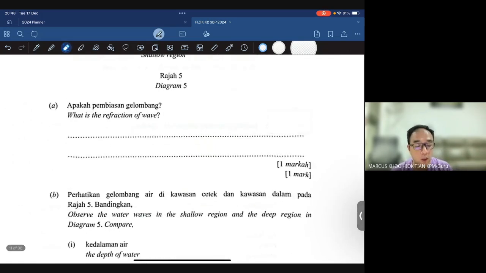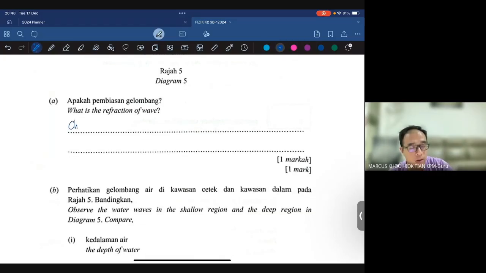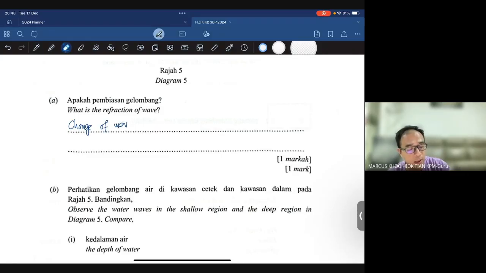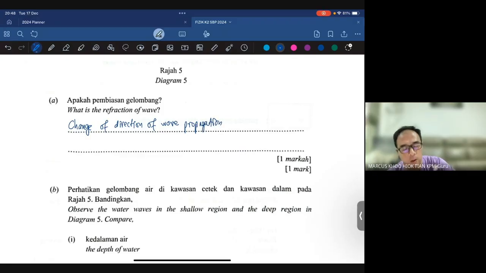So what is the refraction of wave? Refraction of wave is the change of direction of wave propagation when it moves between mediums of different densities.